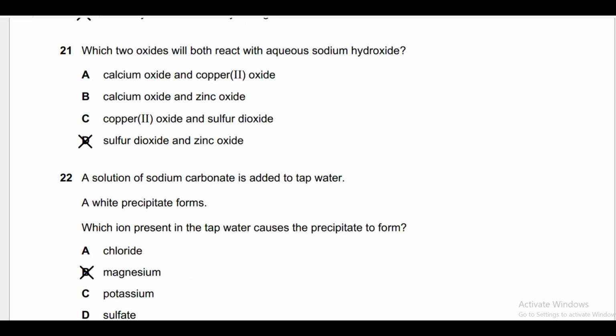Then number 21. Which two oxides will both react with aqueous sodium hydroxide? Sodium hydroxide is an alkali, so D is the right answer. Sulfur dioxide is an acidic oxide.